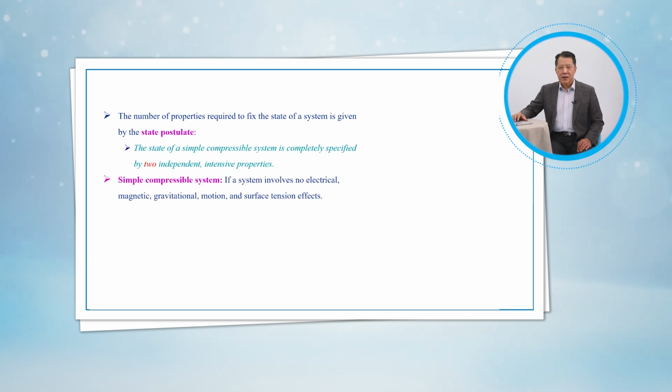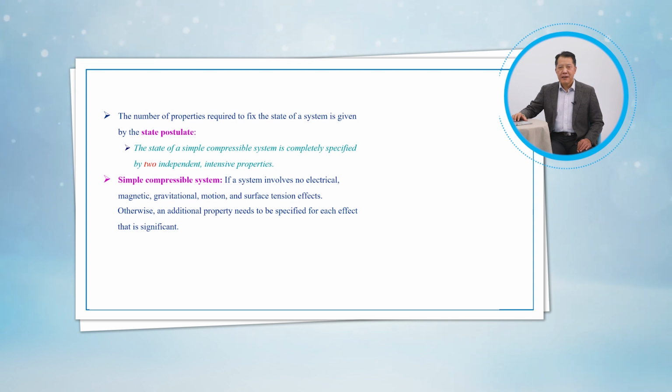A system is called a simple compressible system in the absence of electrical, magnetic, gravitational, motion, and surface tension effects. These effects are due to external force fields and are negligible for most engineering problems.